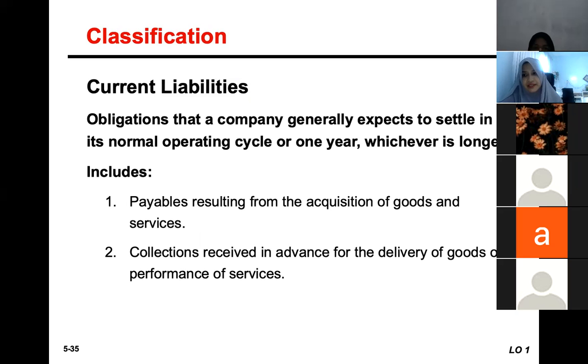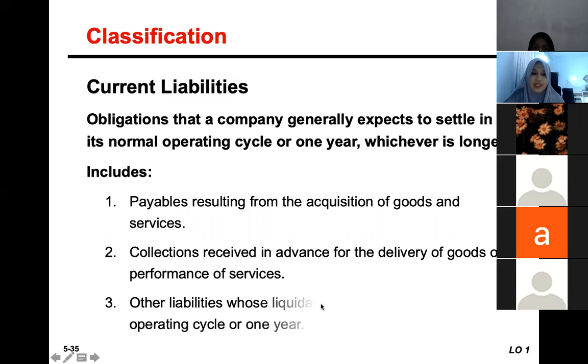The customer has paid in advance, but we haven't delivered the goods or services. That one will be included in the current liabilities. This is the opposite of prepaid expenses.